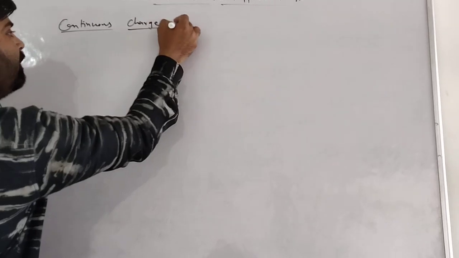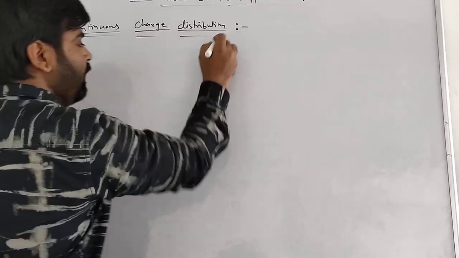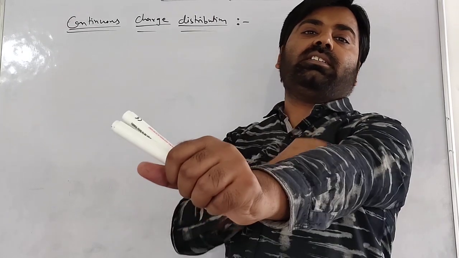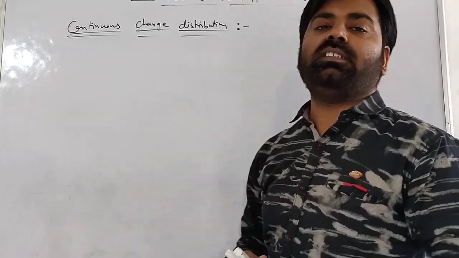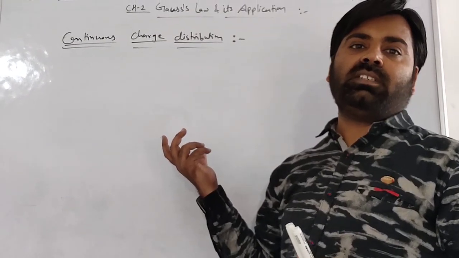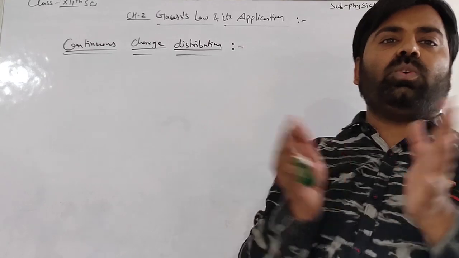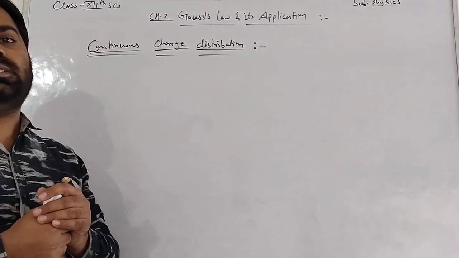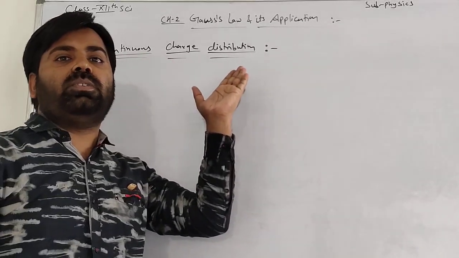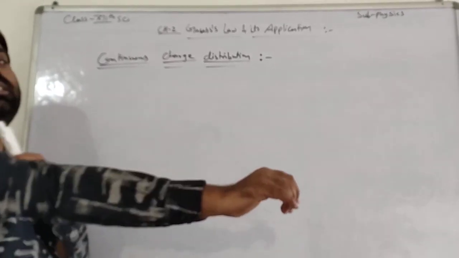As we know, charge is a quantized quantity, or it is in discrete form, and at the microscopic level we discuss its quantum form. But if the charges are very close on a conductor, we treat the charge as being in continuous form, or distributed along a continuous form. So now we discuss continuous charge distribution.